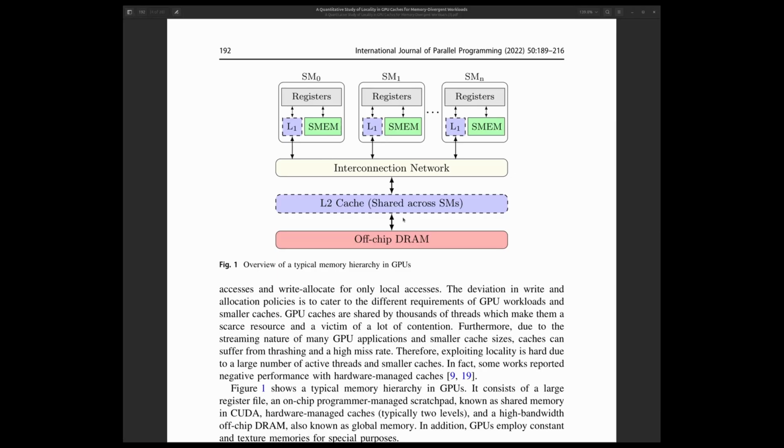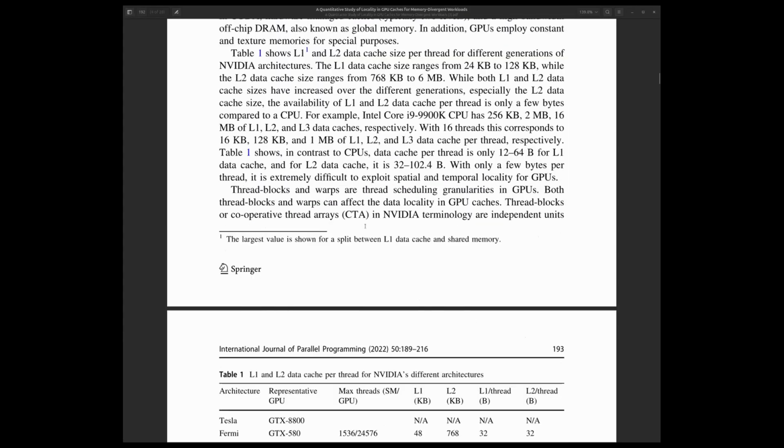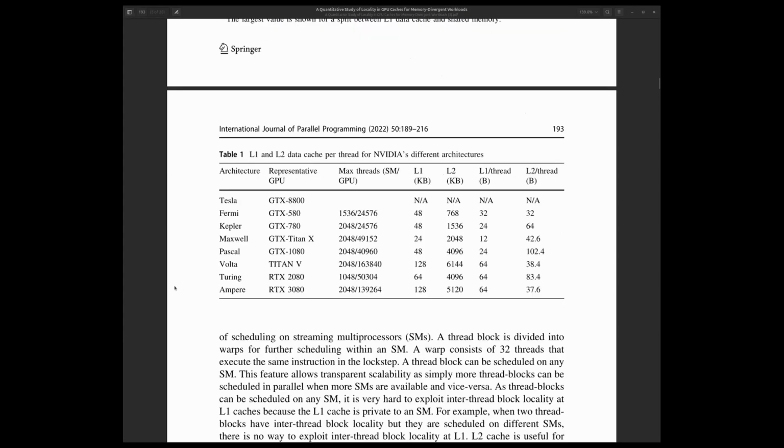The reason that CPU cache optimization doesn't map one-to-one to GPUs is that, due to the large number of threads executed by the GPU simultaneously, the cache is diluted to mere bytes per thread. We can see that over here. As opposed to CPUs, where you would see kilobytes per thread, there's a much scarcer amount of memory available per operation in GPUs.